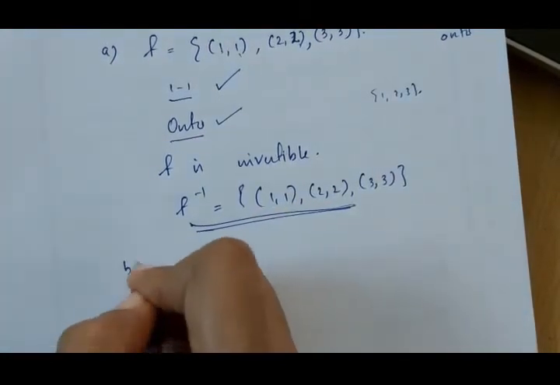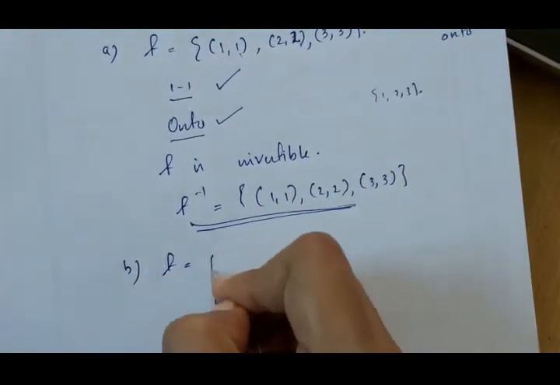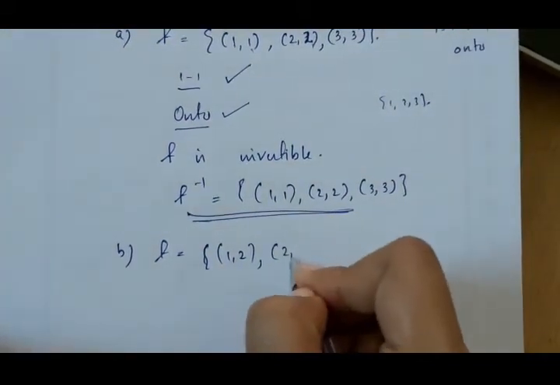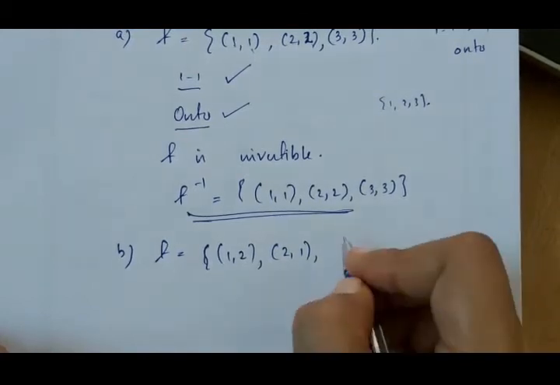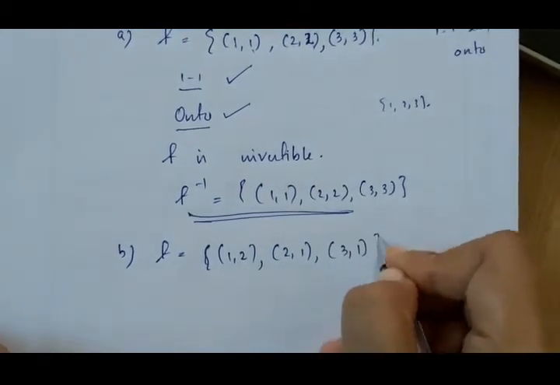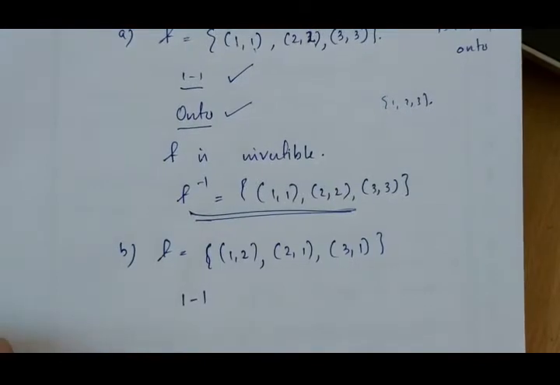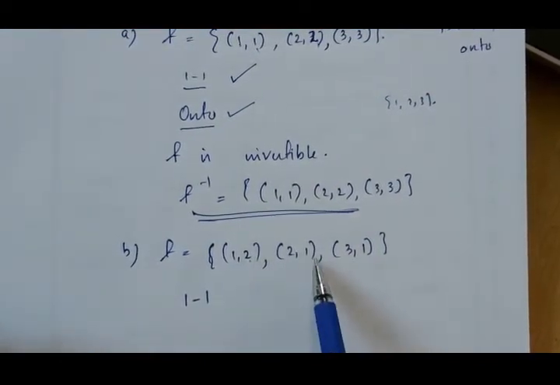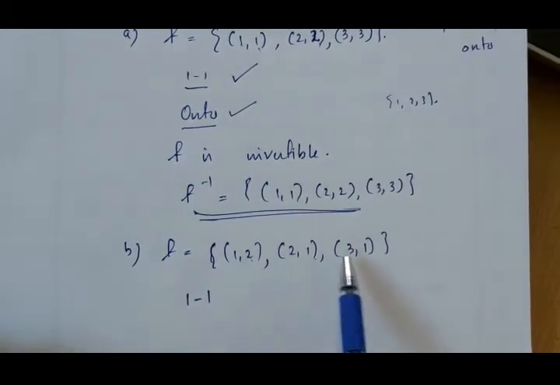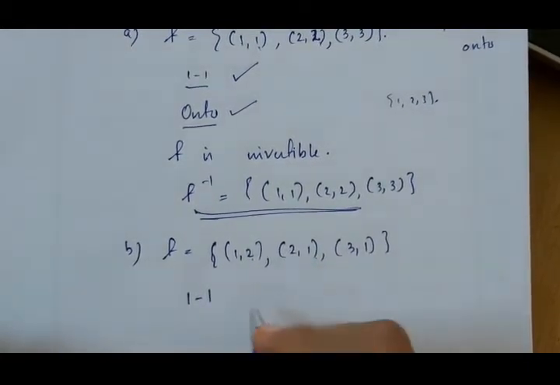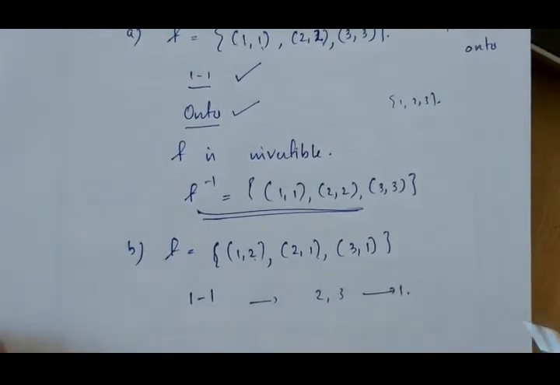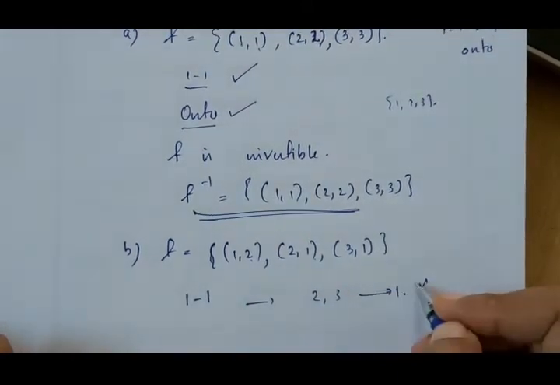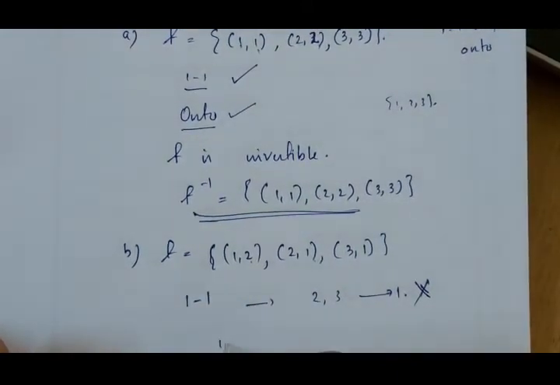Next, f is equal to {(1, 2), (2, 1), (3, 1)}. Let's check the 1 to 1 property. Is it 1 to 1? 1 to 2, 2 to 1, 3 to 1. That is, 2 and 3 have the same image, which is 1. So it doesn't have the 1 to 1 property. The 1 to 1 property is not followed.